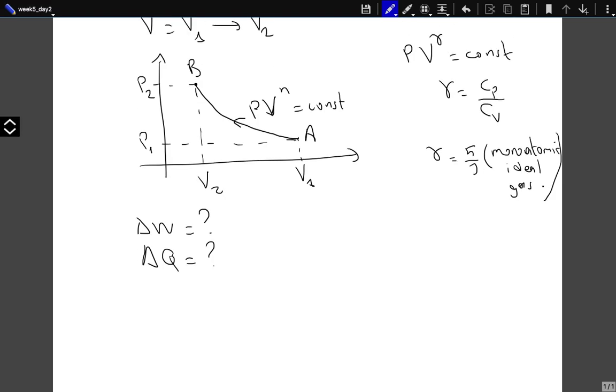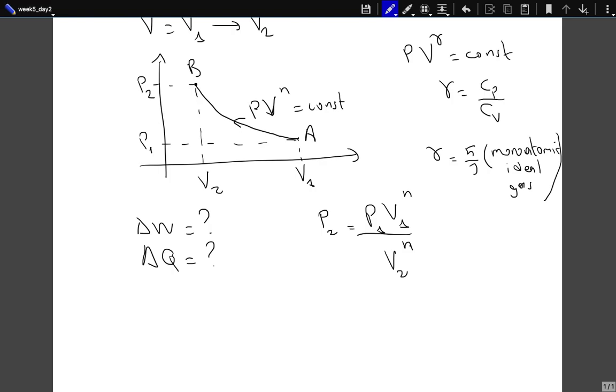So how do we do that? We can write P2 in terms of P1 by using PV to the n constant. Now? Is this correct? Okay, now from this expression, how do I obtain the area under the curve?